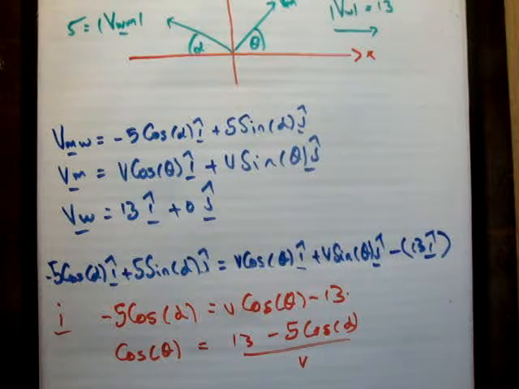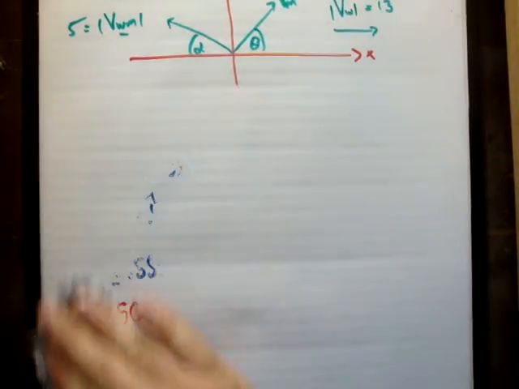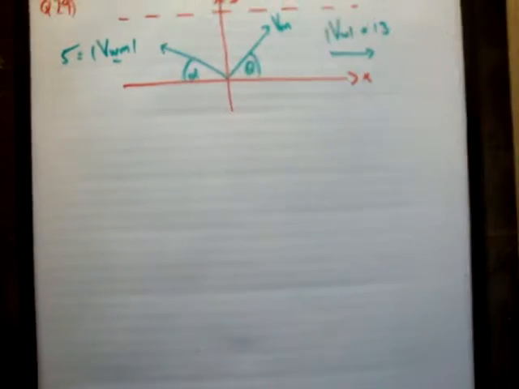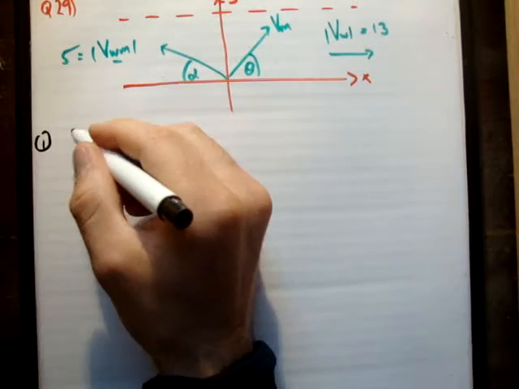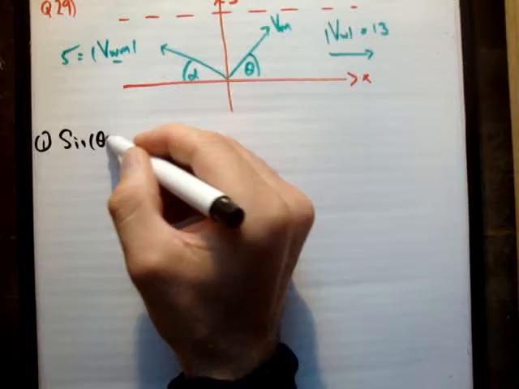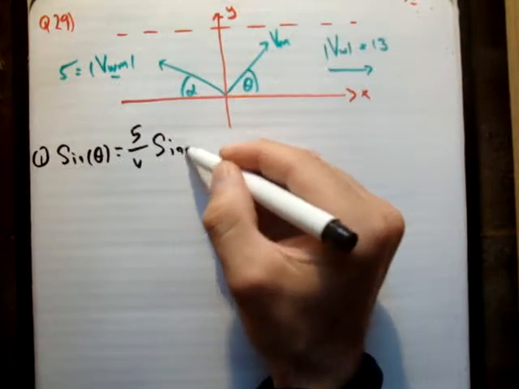Alright. So of course we know at this stage that sine over cosine gives you tangent. So basically I'm going to divide my two expressions. The first expression says that sine of theta is equal to 5 over V times the sine of alpha.